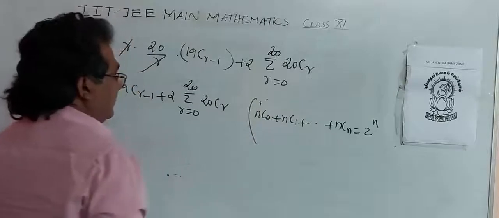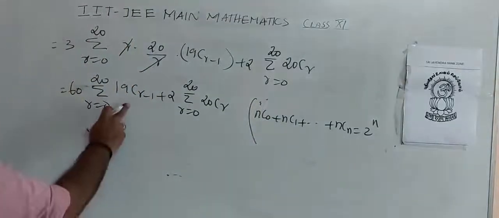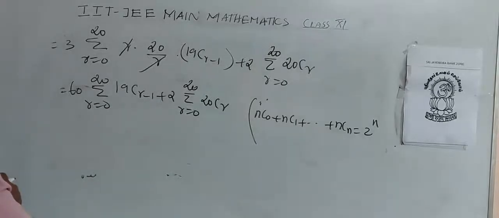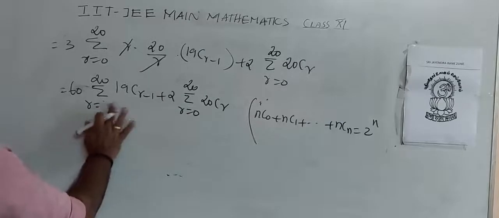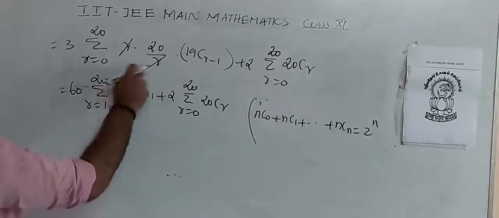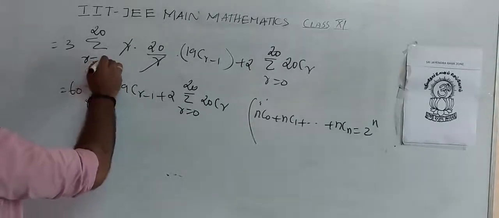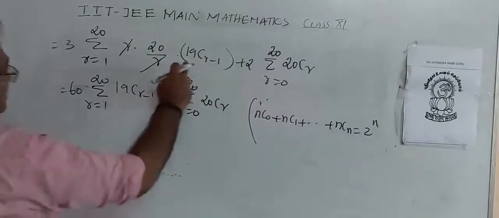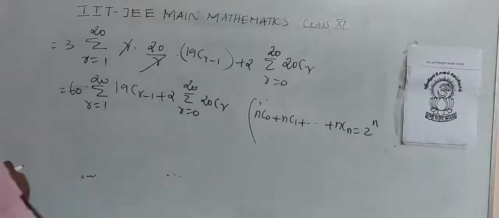This is the formula. If we expand, we have reduced one term, so we have to apply R equal to 1 to 20.